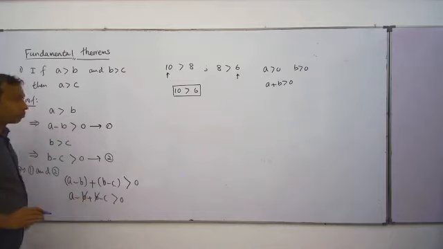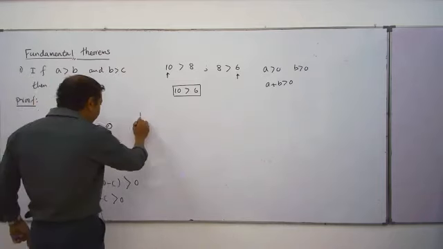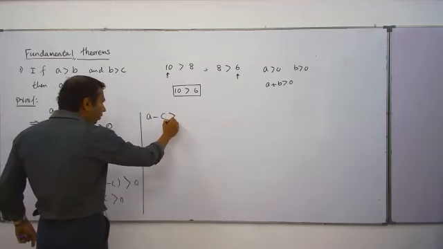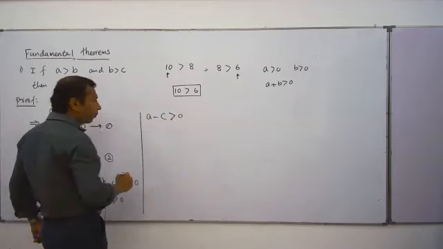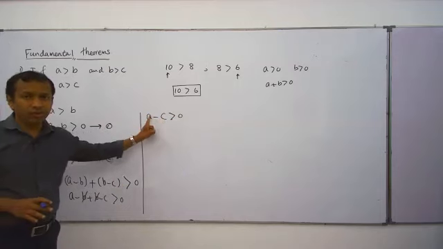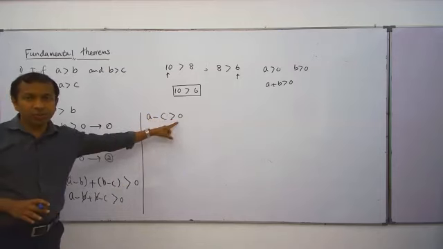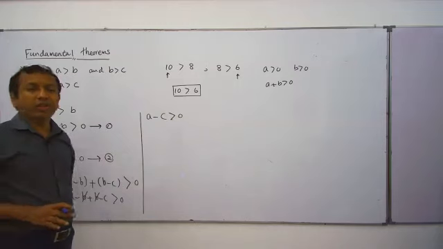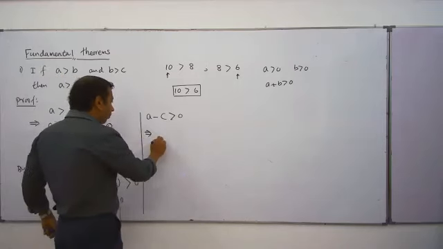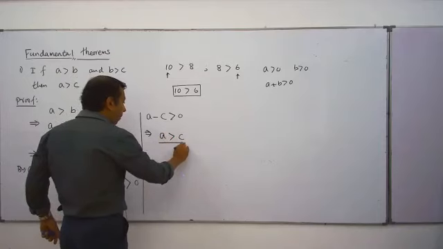This and this cancel down. Then what do we get? A minus C greater than 0. For the difference A minus C to be greater than 0, subtracting C from A, the difference must be positive. This implies A greater than C.